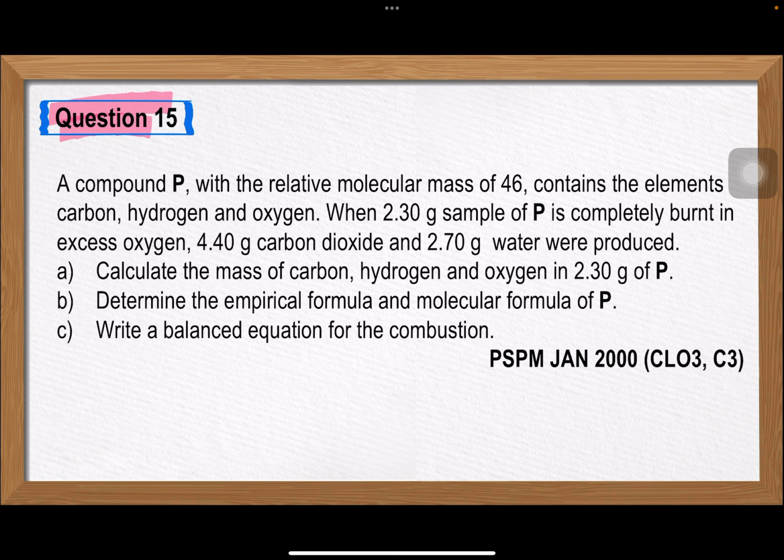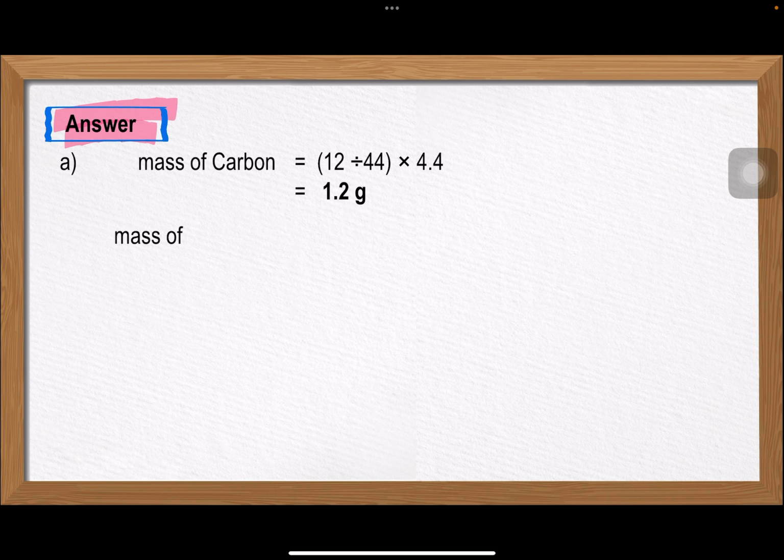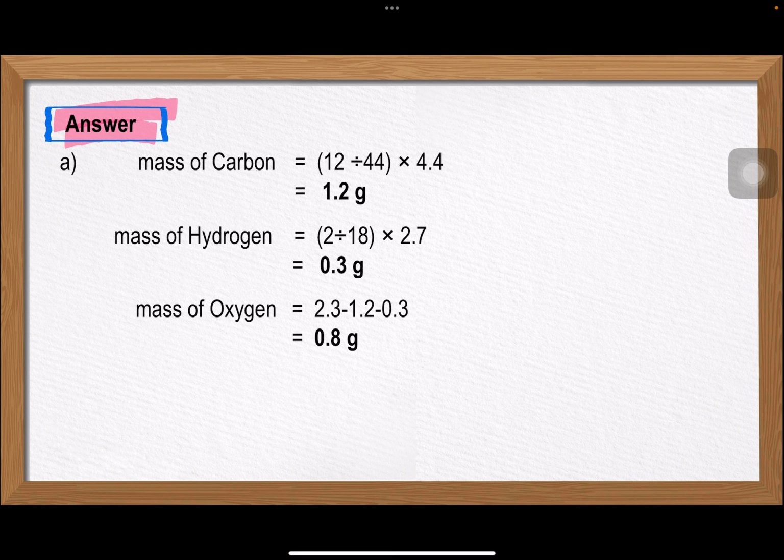Number 15. The question as follows: calculate the mass of carbon, hydrogen, and oxygen in 2.3 gram of sample P. Same like question number 14. This is percentage by mass. So you already know the compound P is carbon, hydrogen, and oxygen. So how much carbon in the sample, how much hydrogen in the sample? Because the product is CO2 and H2O, we can get the mass of carbon in CO2 and the mass of hydrogen in H2O.